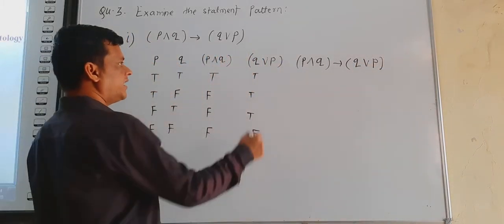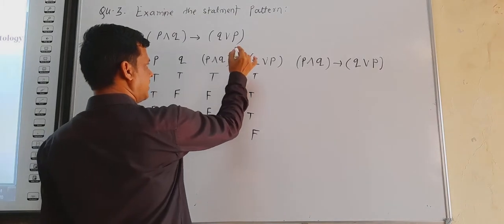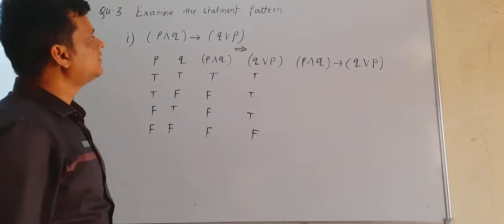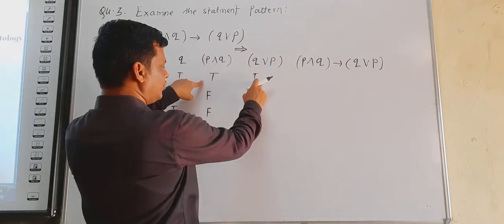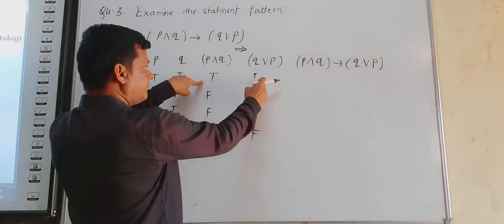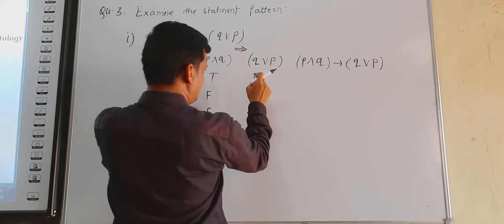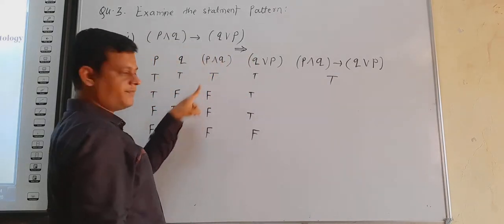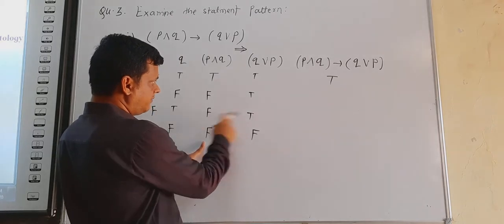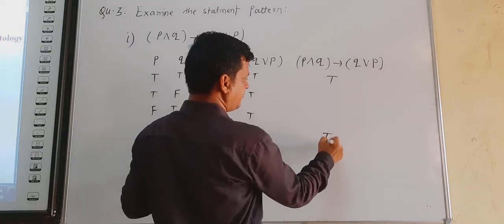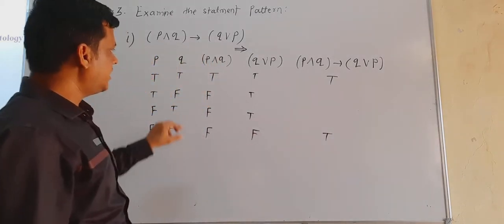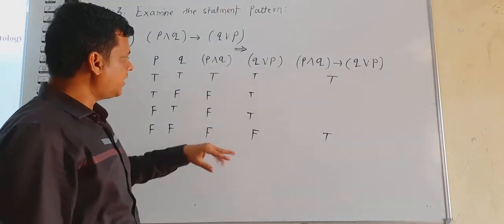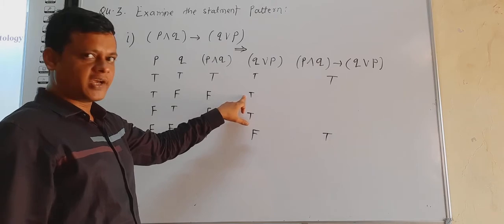Here is implication, that means this is first statement and this is second statement. For implication, if both the entries are the same, that is both the entries are true, therefore its truth value is T. Now here both the entries are not the same, therefore we have to take the entries for the second statement.